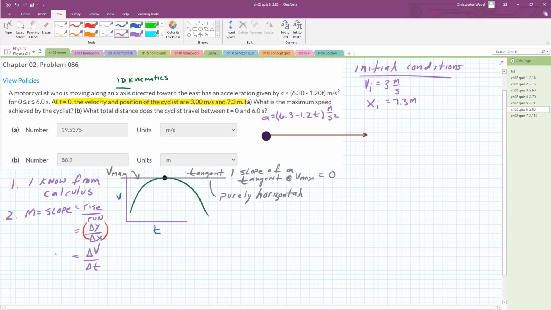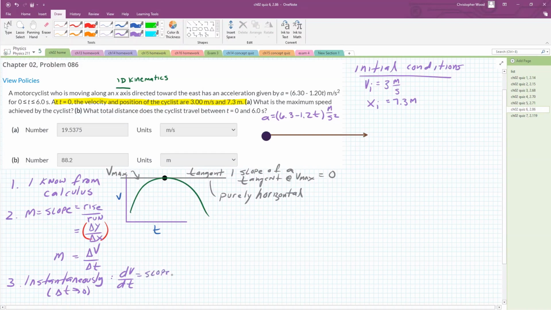So this is slope, m equals slope. And from a calculus point of view, so instantaneously, which means for delta t approaching 0, I'm going to say dv/dt, not delta v over delta t. It's dv over dt. That's still equaling the slope.